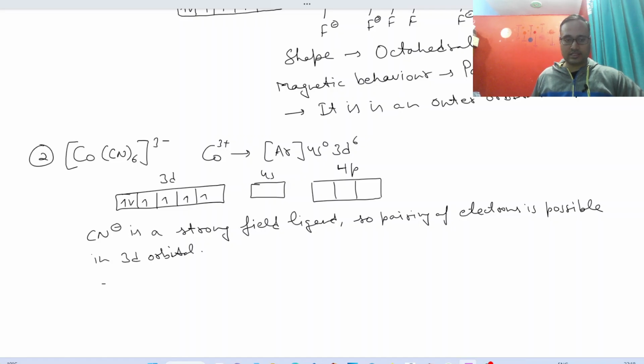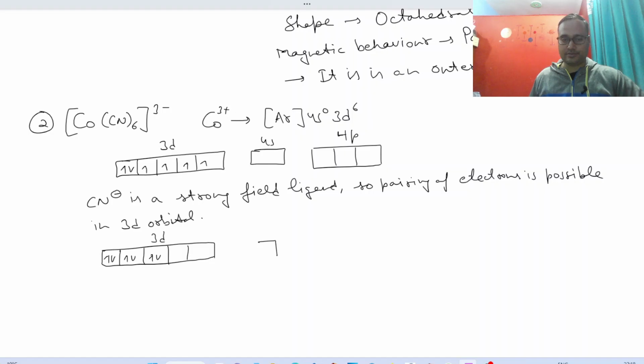As a result, we can represent it like this, that the 3d orbital has 6 electrons. They will be only in, we can say, 3 blocks, and the 2 of the d orbitals are empty. This one is 4s, and we have the 4p orbital.